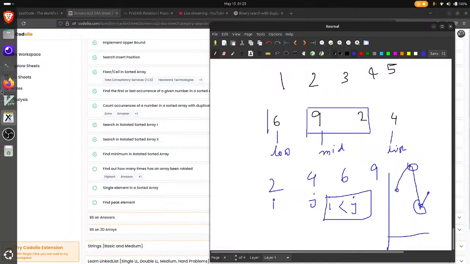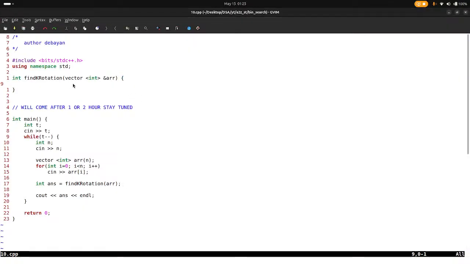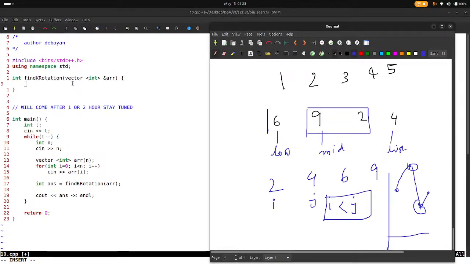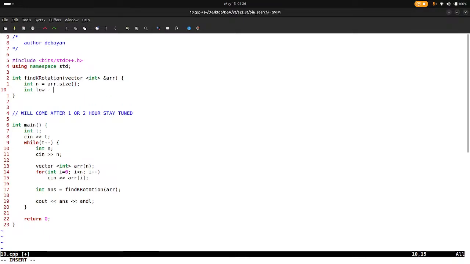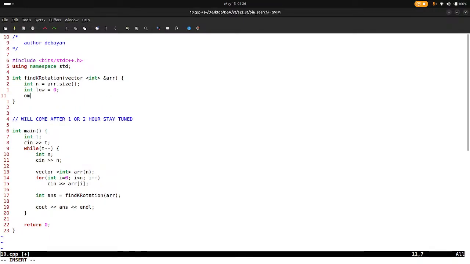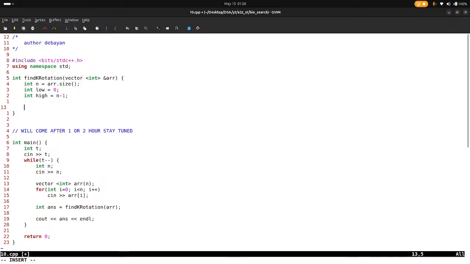Oh, it makes sense. What I can do is nums.size, and I will write a simple binary search to be honest.